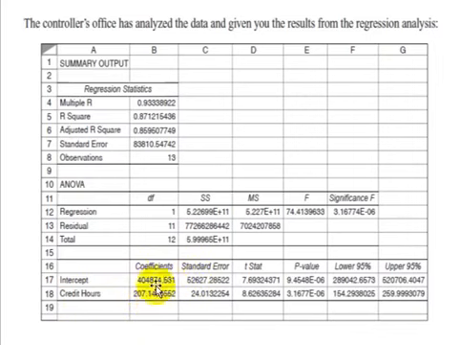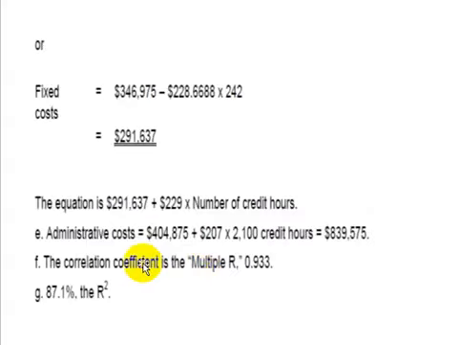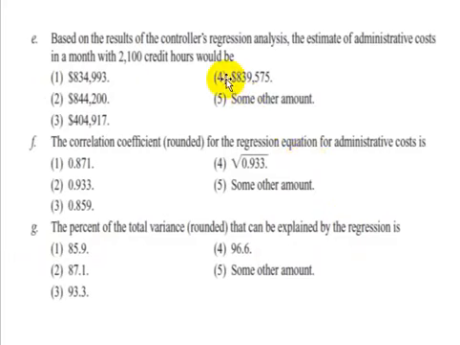When we round the numbers, the intercept equals 404,875 and B equals 207. Resulting administrative cost is 839,575. So the right answer is number 4.